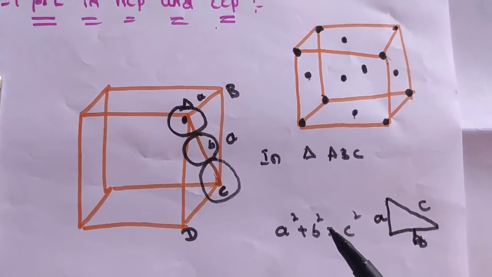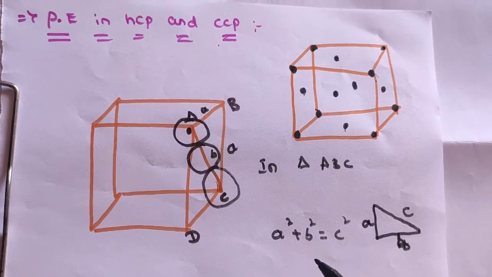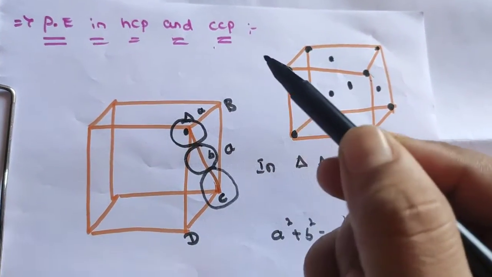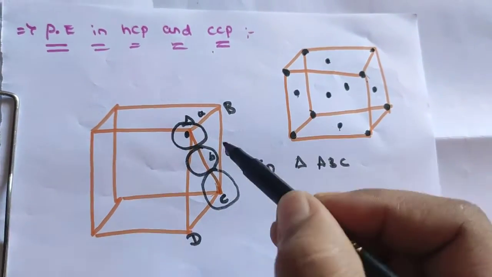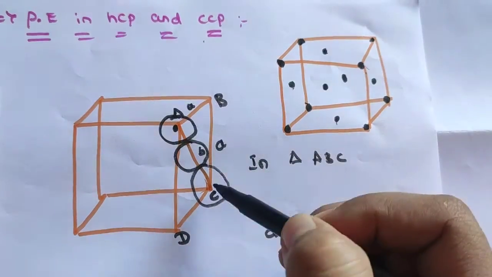So according to Pythagoras theorem, we should follow this for packing efficiency in HCP and CCP in triangle ABC.